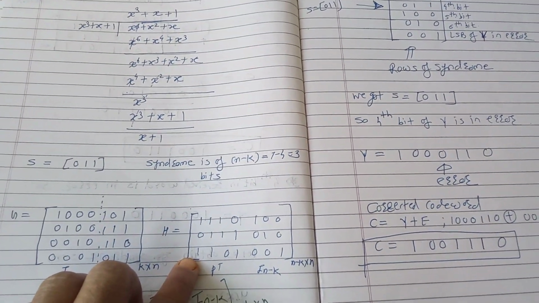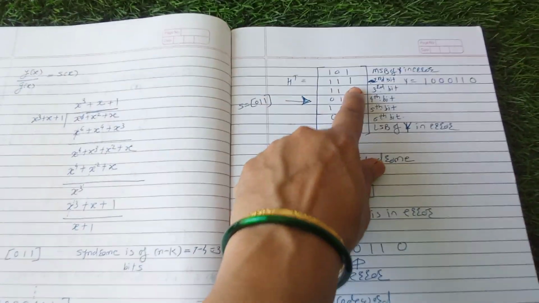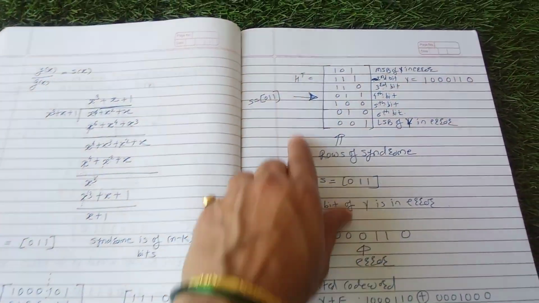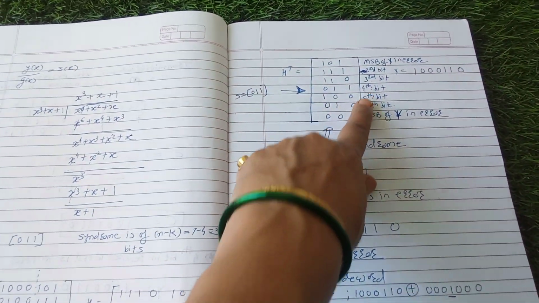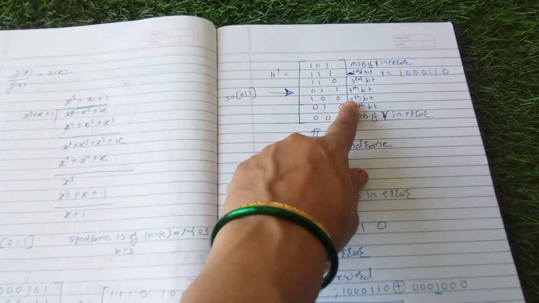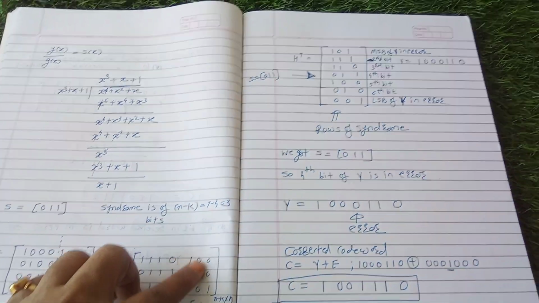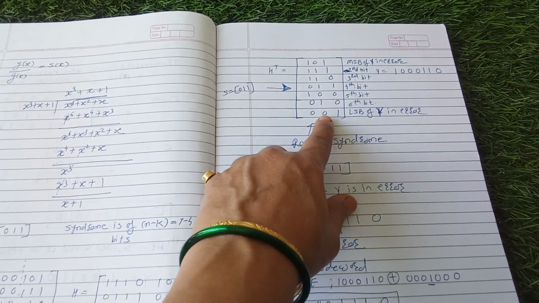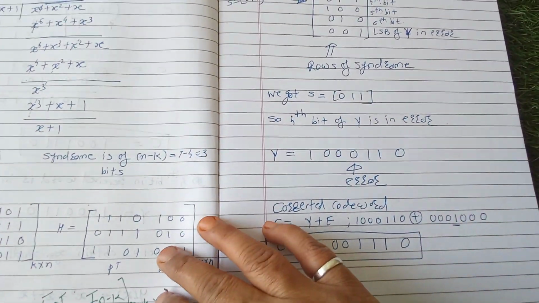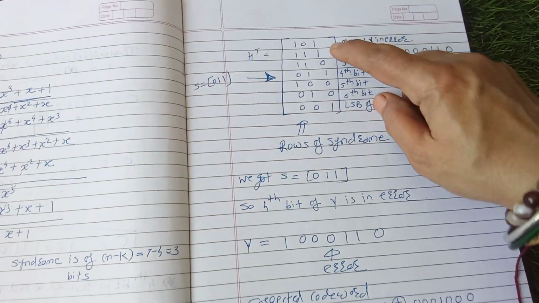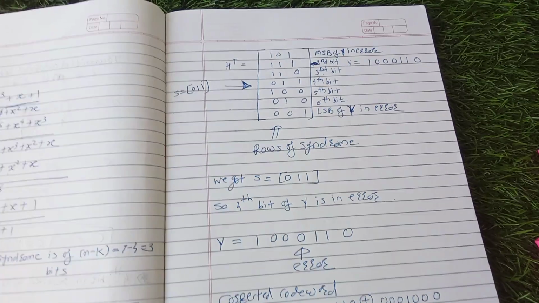That means 1 0 1 as the first row, 1 1 1 as the second row, 1 1 0 as the third row, 0 1 1 as the fourth row, 1 0 0 fifth, 0 1 0 sixth, and 0 0 1 seventh. 7 rows, because 1 2 3 4 5 6 7. So H transpose has 7 rows.